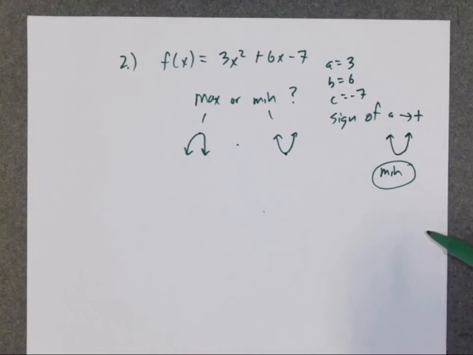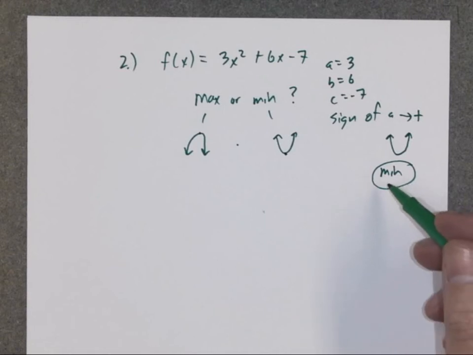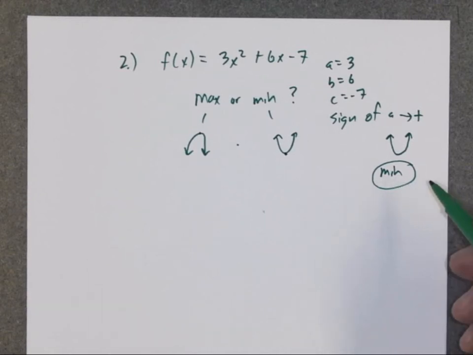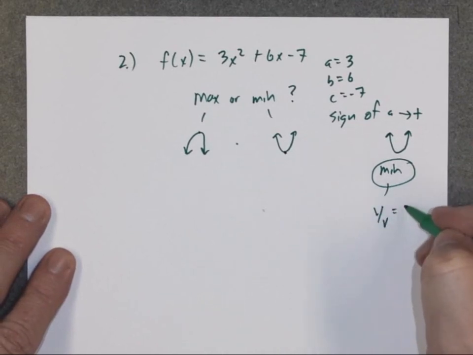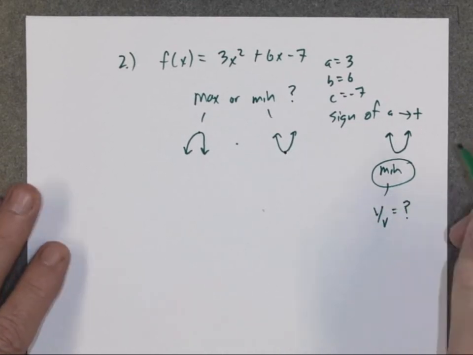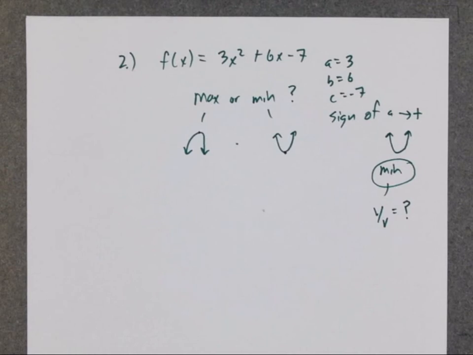Now they say, what's the value? What's this minimum value? What they're really wanting is the y of the vertex, the value of the function when it's the lowest. But of course, to get the y of the vertex, we first have to find the x of the vertex.